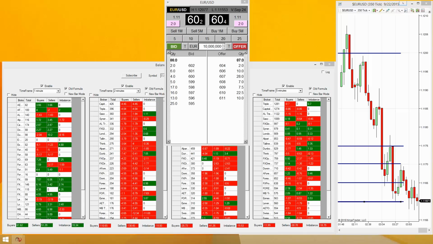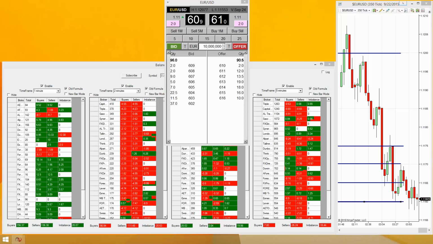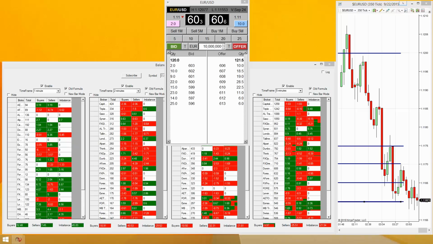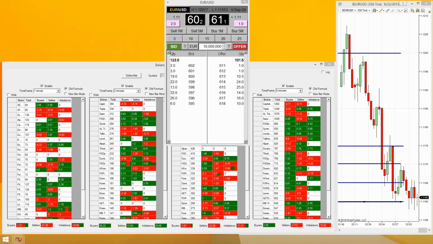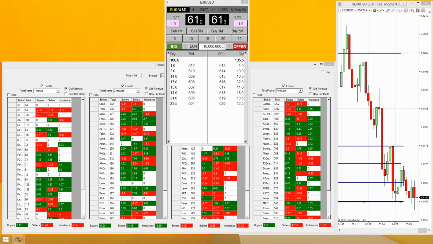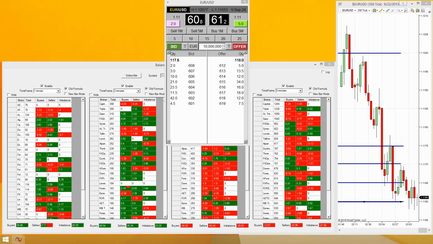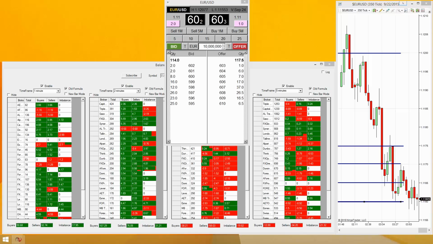I take a look at the market, see what's going on, and I take a trade. You have to treat this as a business, meaning that if you're working at home, you have to put your suit on or change your clothes as if you're going to work.